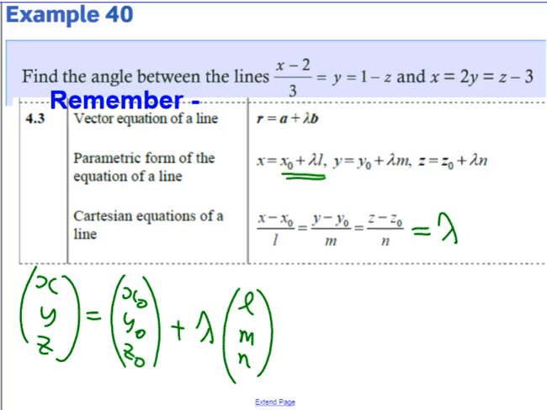So if we look at an example, find the angle between these lines. They're given in Cartesian form, so we can do a little bit of revision. This is the Cartesian form.